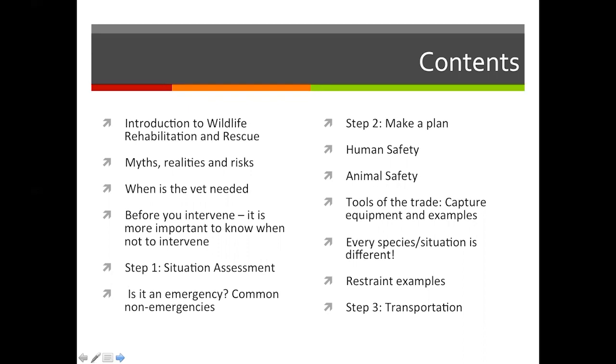Ultimately, I will show you all sorts of examples for restraint in different species, and the last step will be a few words and guidelines for transportation. This is a pretty long presentation, and we will start with the first half now, and then I will record the second half in another take.